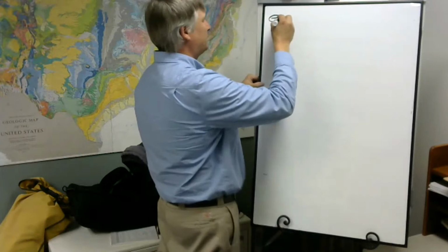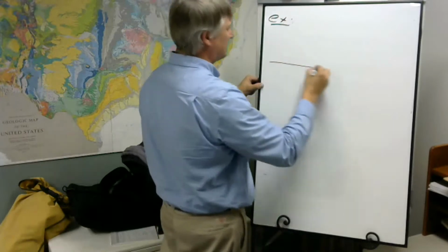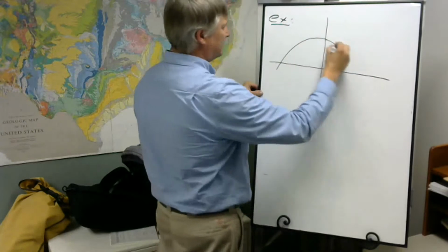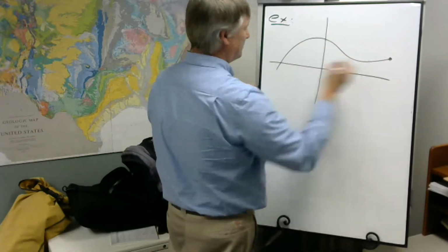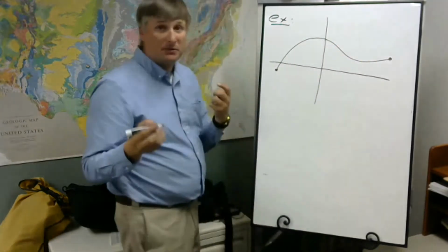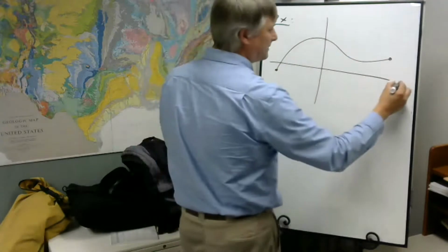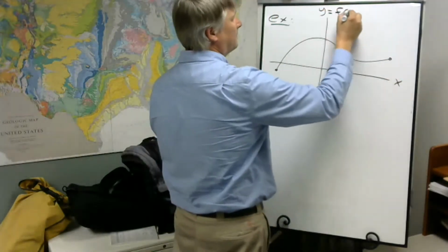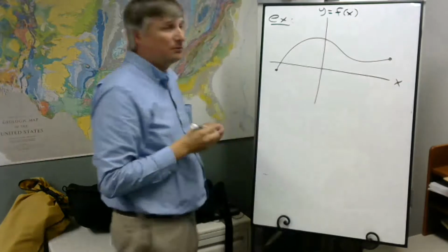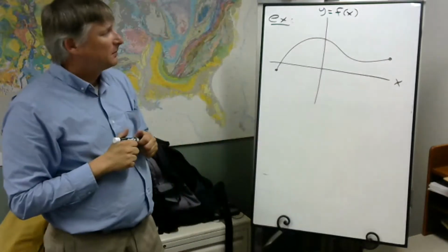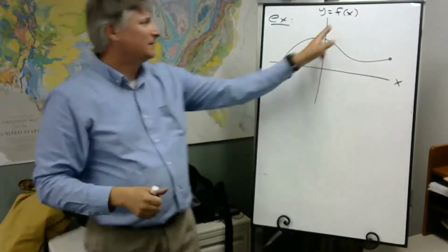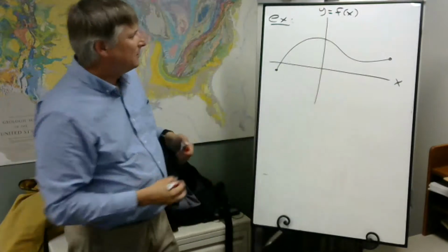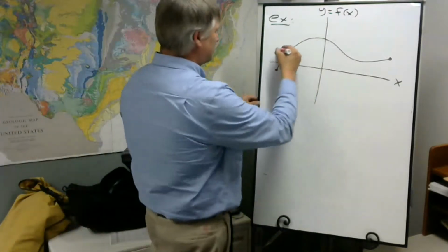So let's say we have this. And let's say we have a function like this, or a graph of something. And we have an x-axis, we have a y-axis that we could also call an f of x-axis. Anyway, let's say we start drawing vertical lines.